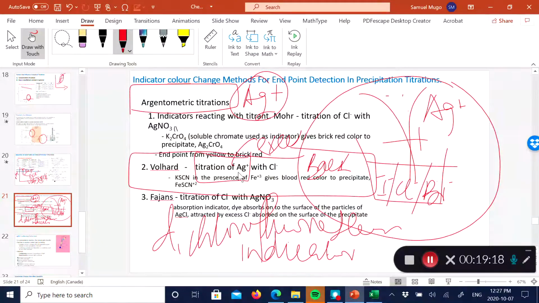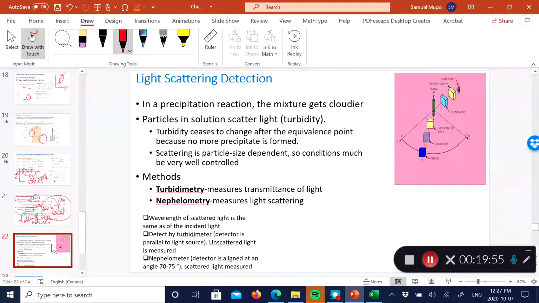And then now you titrate the excess silver, and you titrate it with thiocyanate, and you get the end point, using iron as an indicator. Okay, so this one is what you call a back titration, where you take again the chloride, you add it to an excess of silver, and then you determine the excess silver by titrating it with thiocyanate. And you can determine how much chloride was present initially. Hopefully that's clear.